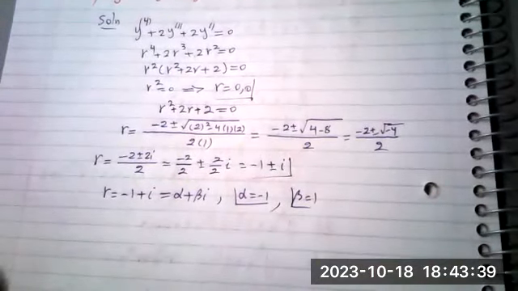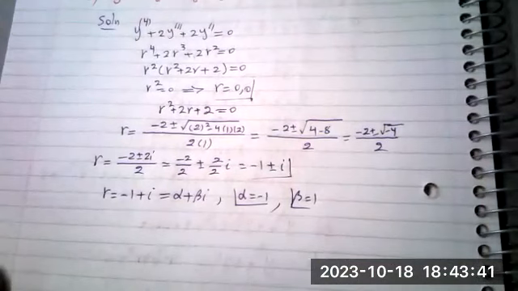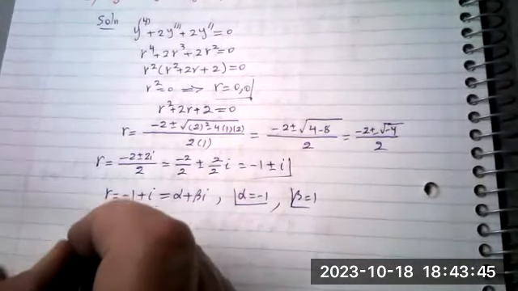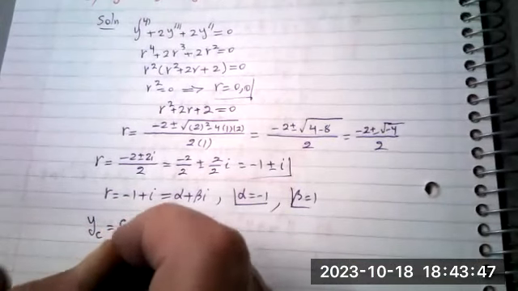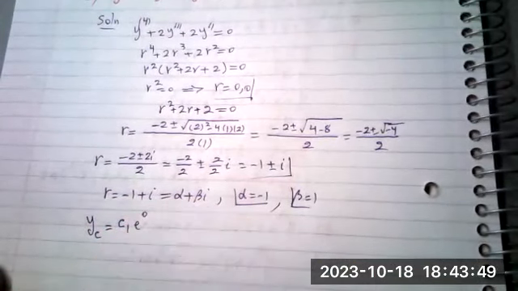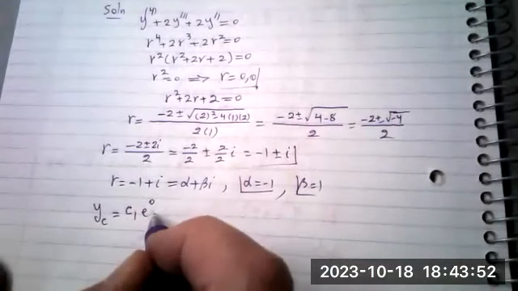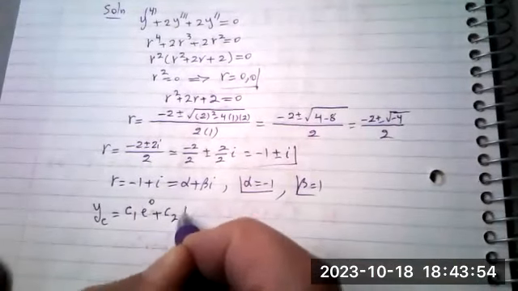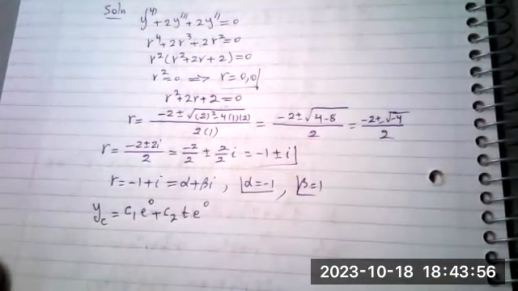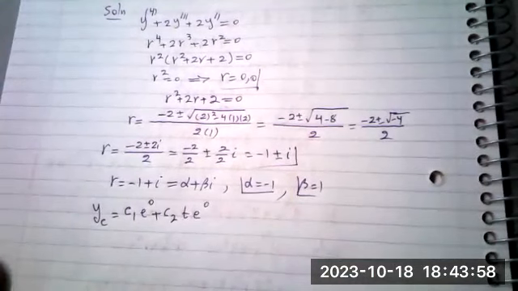Now the solutions are going to be, remember we have 0, 0. So what's going to be yc? yc is equal to c1 e to the 0, the first solution, plus c2 t e to the 0 because of the repeated solution.